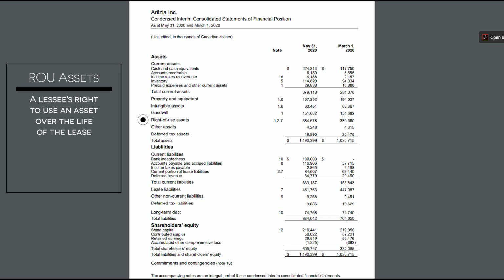And if you jump down to the liabilities, they're also going to have a lot of lease liabilities, because these companies run brick and mortar stores. That is going to be a large portion of the company's liabilities. Jumping a little bit ahead, we can see that Aritzia's lease liabilities are essentially half of their total liabilities.